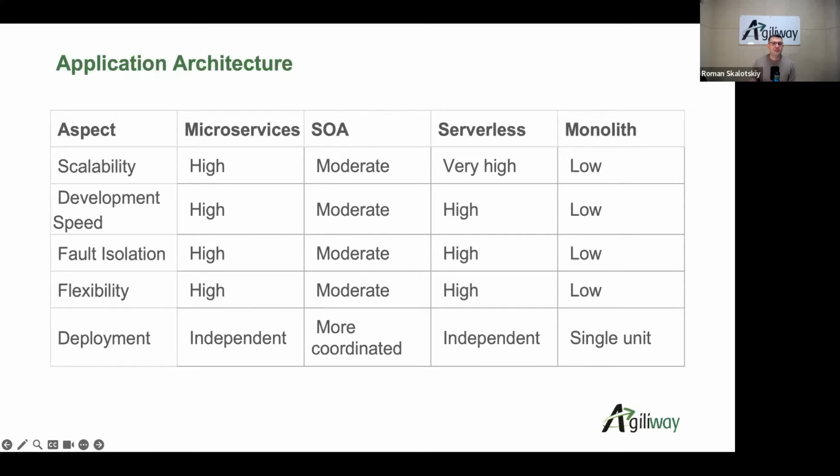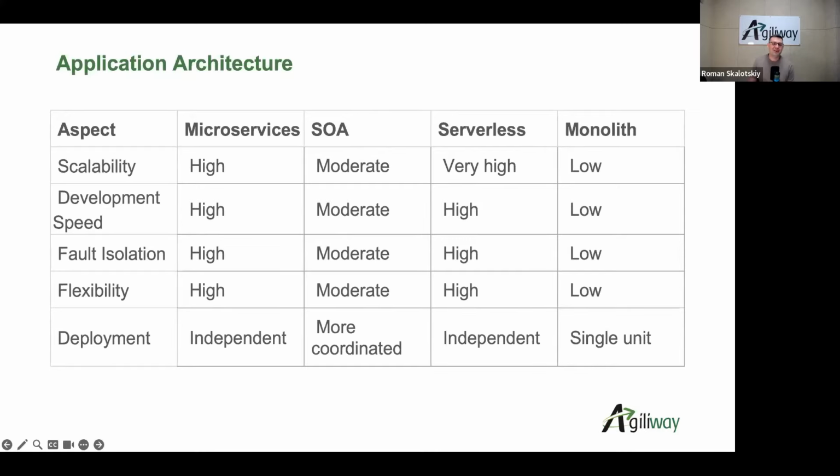Next one is the failure isolation. Microservices, failures in one service don't affect others, therefore high. SOA moderate, better than the monolithic, but not as isolated as microservices.